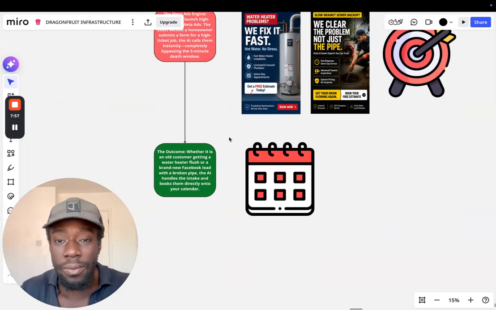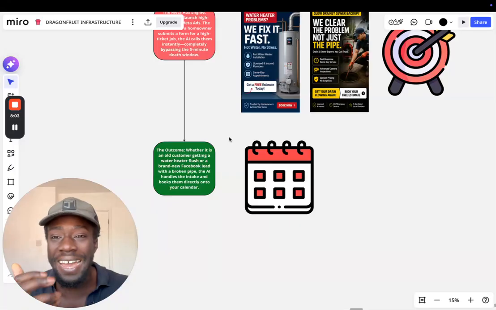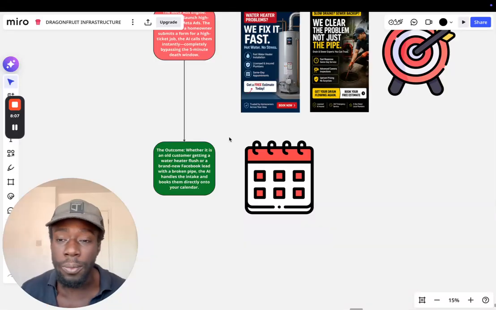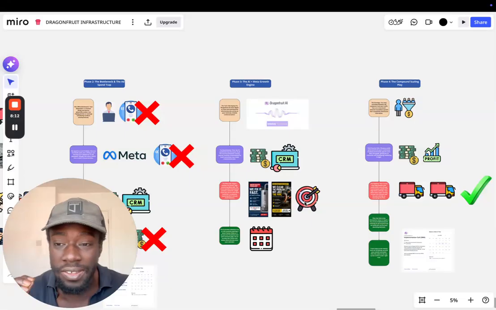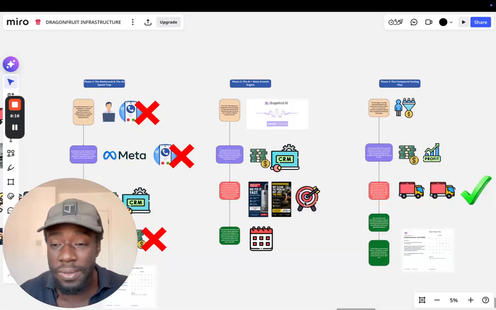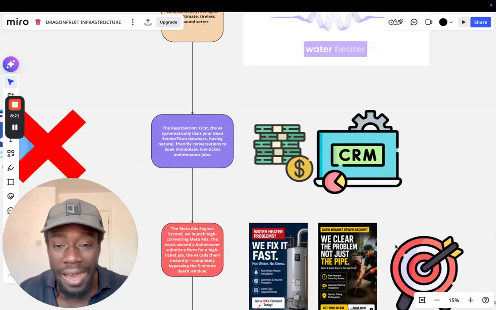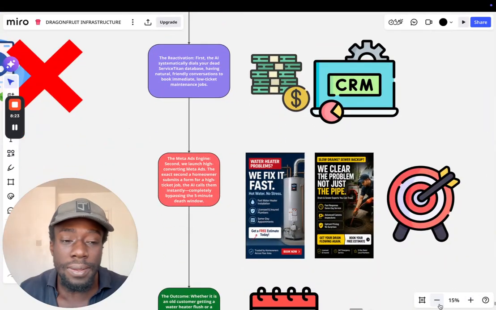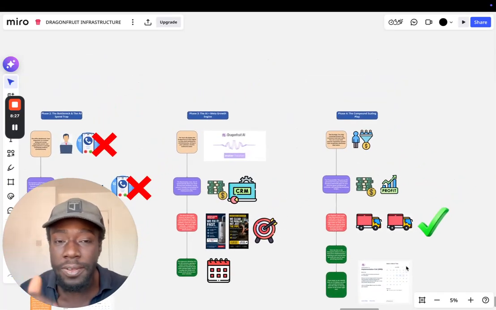And the outcome is that whether it's an old customer getting a water heater flush or a brand new Facebook lead with a broken pipe, the AI handles the intake and books them directly onto your calendar, which is ultimately what we want. So this is the best way in 2026 and beyond to recover the leads on your customers in your CRM, and also to get new high ticket jobs, right? Very seamlessly and with a very low cost per booked estimate.